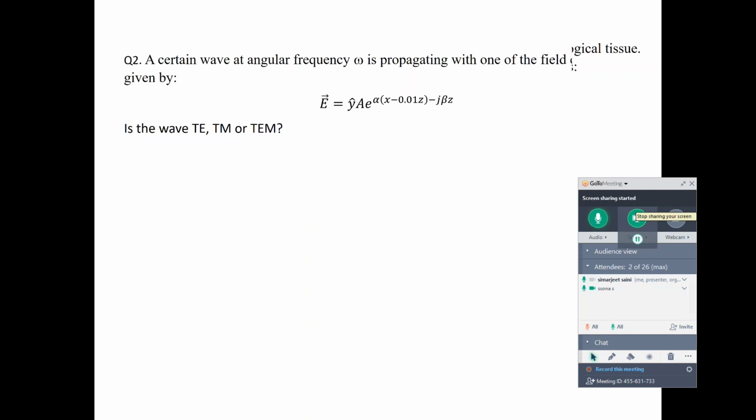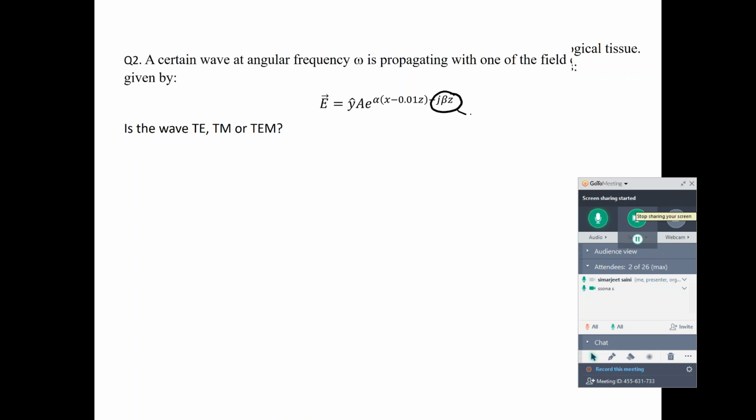So there are three terms here. You have a term j beta z, which is your phasor term. Again, remember beta has to be j. We are in phasor term. This is being multiplied by e^(j omega t), and you have omega t minus beta z, which becomes your wave.